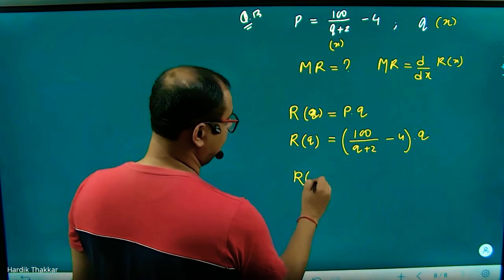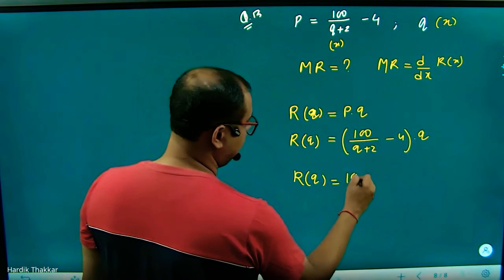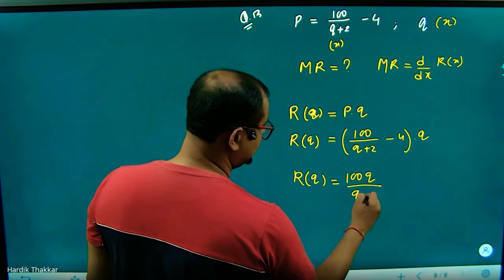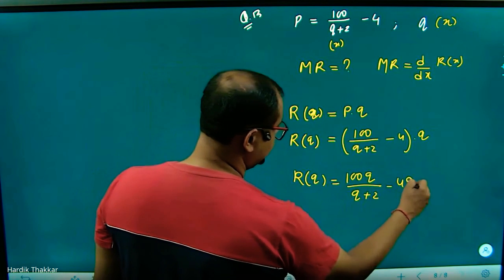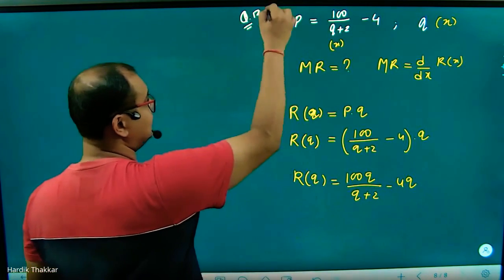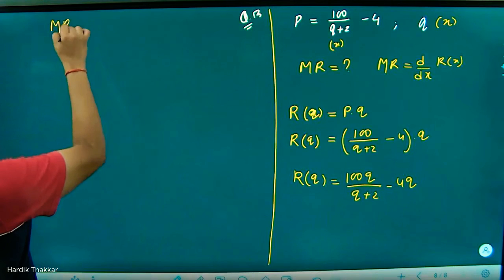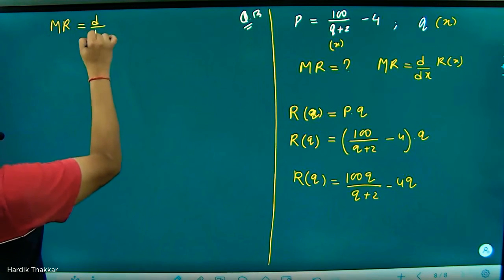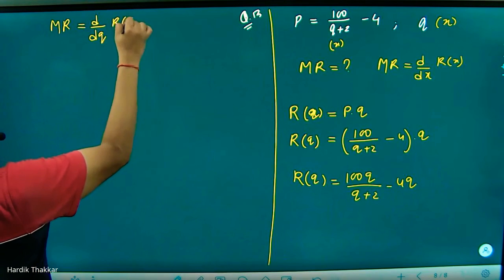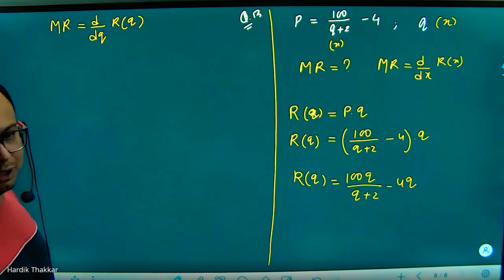So R of Q will be 100Q upon Q plus 2 minus 4Q. Now MR is equal to d by dQ of R of Q. Now calculate this and you'll get marginal revenue.